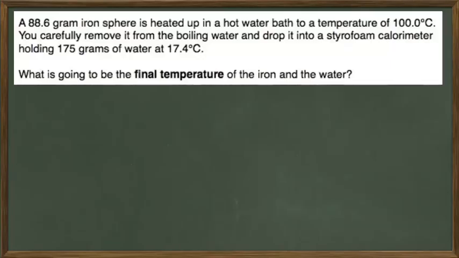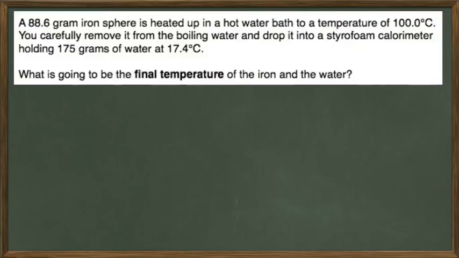This next problem is a little more complicated than the ones that we've looked at up to this point. But it is reminiscent of what you did in lab when you were looking at the specific heat of the metal cylinder that you were provided with, and you looked at the interaction of it with the water in your styrofoam calorimeter.